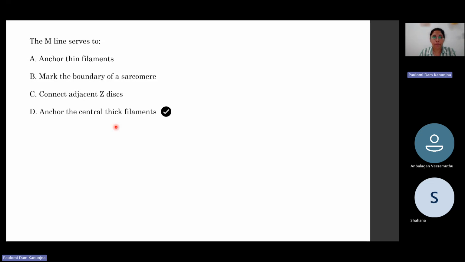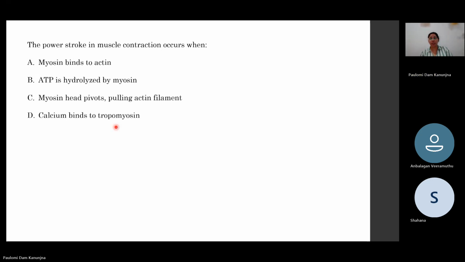Remember, the M line is in the center and it is the center of the myosin filament. Okay.